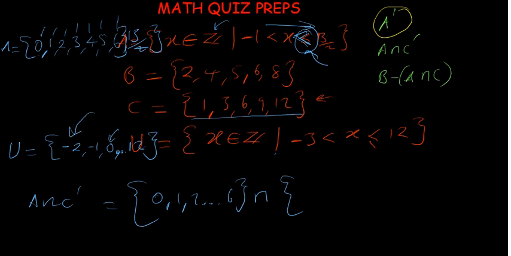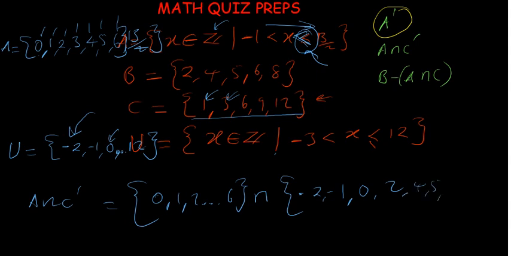So let's go to the universal set. We have got -2, -1, 0, but we are going to remove from the universal set 1, and then we are going to go to 2 because 2 is not in C, and we are talking of C complement. And then we are going to remove 3. We don't have 4 and 5 in C. So 4 and 5 are in the complement.